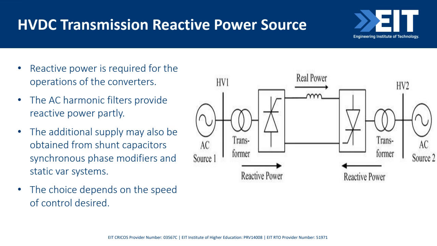AC harmonic filters provide reactive power partly, and some of it can come from shunt capacitors directly. The additional supply may also be obtained from shunt capacitors, synchronous phase modifiers, and in some cases we use STATCOMs, static var compensators, to provide some reactive power support wherever required.